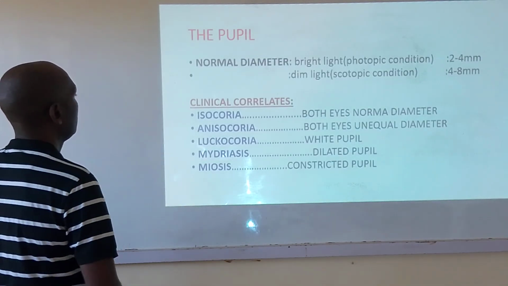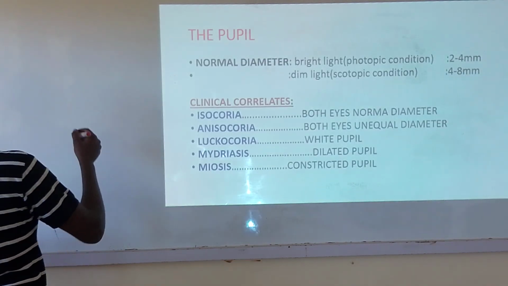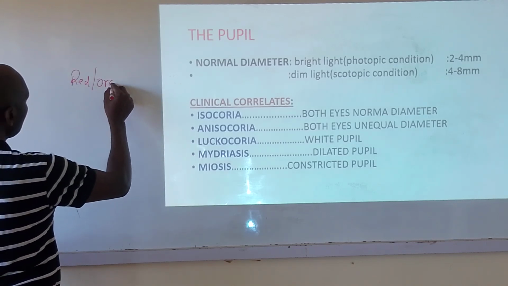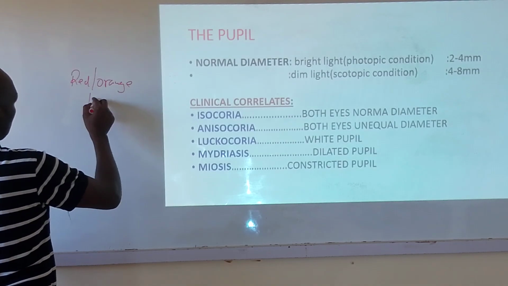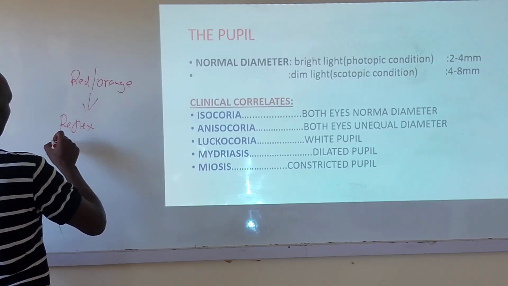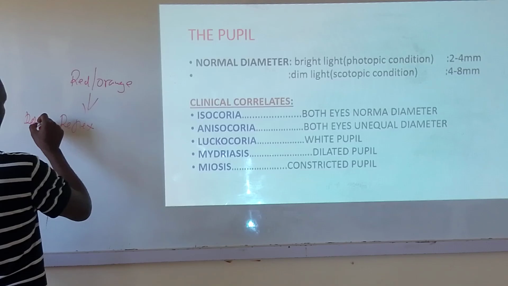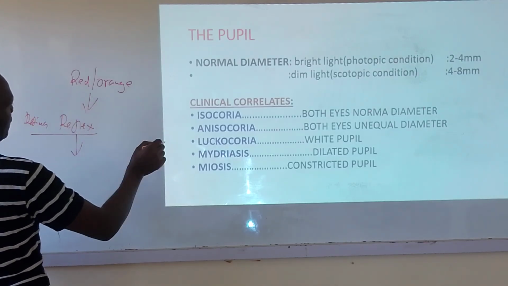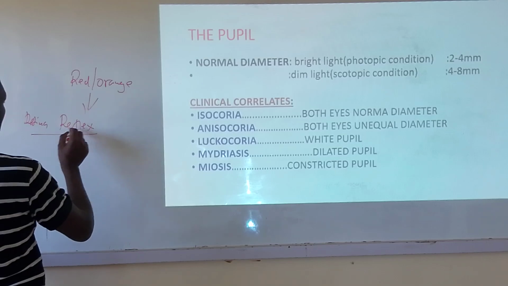Actually, when you look through the pupil, you are supposed to see something like red-orange. This is what we call the reflex, the retinal reflex, from the retina. So if you have an opacification of the lens, you will not be able to see this.